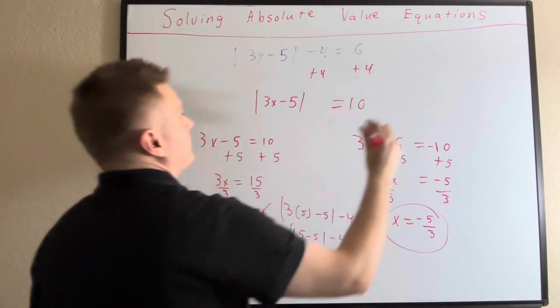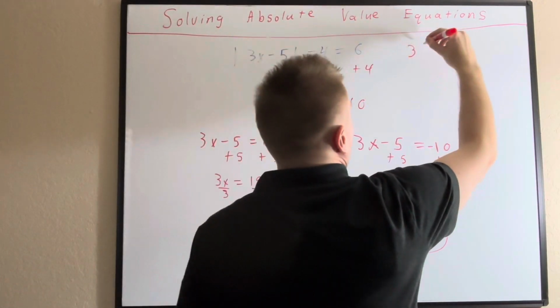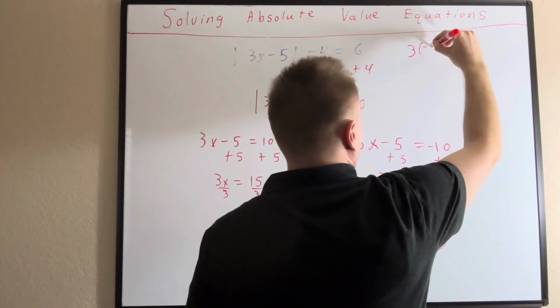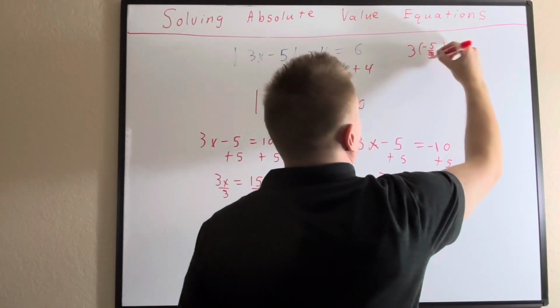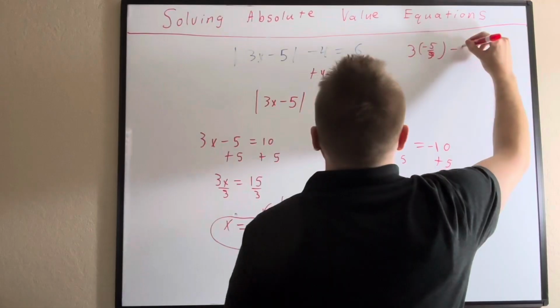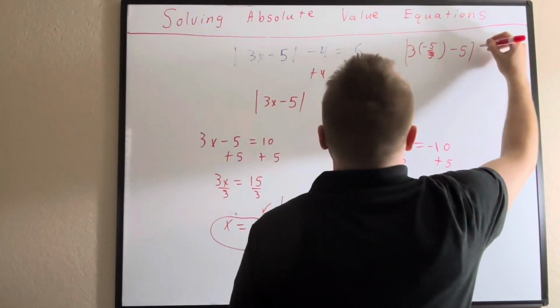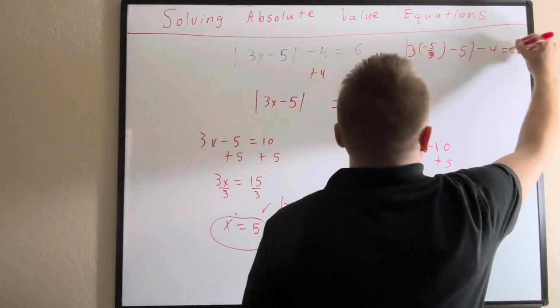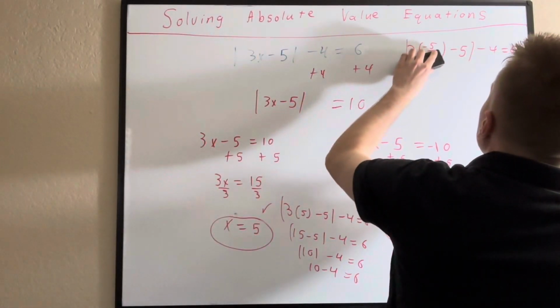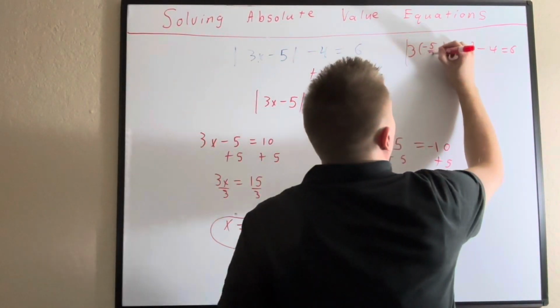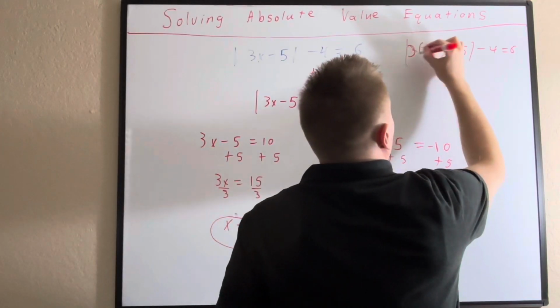What about negative 5 thirds? 3 times negative 5 thirds. Whoa. Minus 5, absolute value, minus 4 equals 6. That's a terrible 3. Okay, so 3's cancel, right?